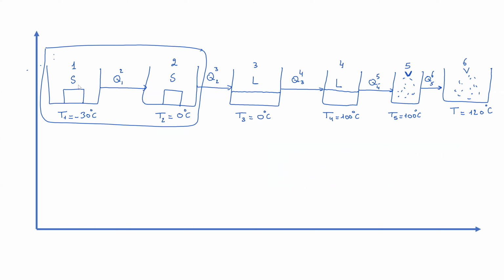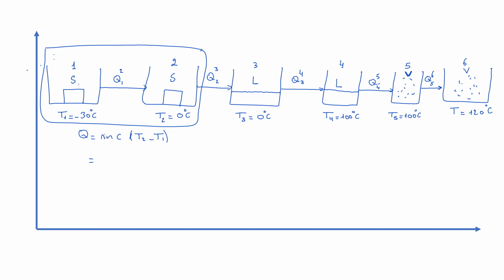Now we pass from solid to solid, so Q equals mc delta T. Delta T equals T final, T2, minus T1. You know, the mass doesn't change, equals 1 milligram.